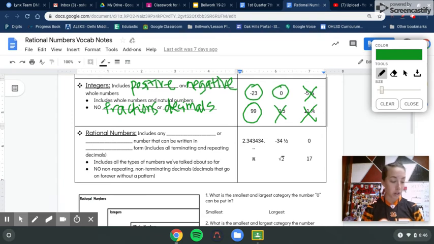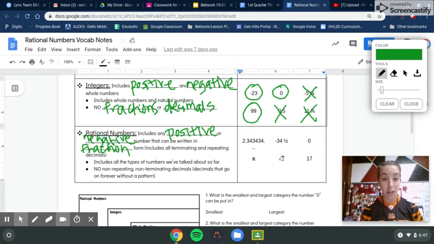So this will include any positive or negative number that can be written in fraction form. Now, what that means is pretty much any number that can be written in fraction form is a rational number.